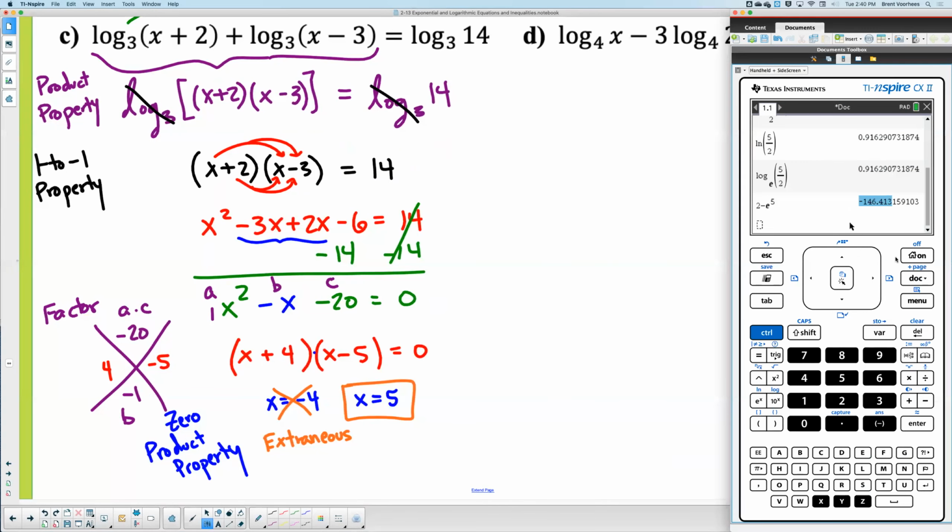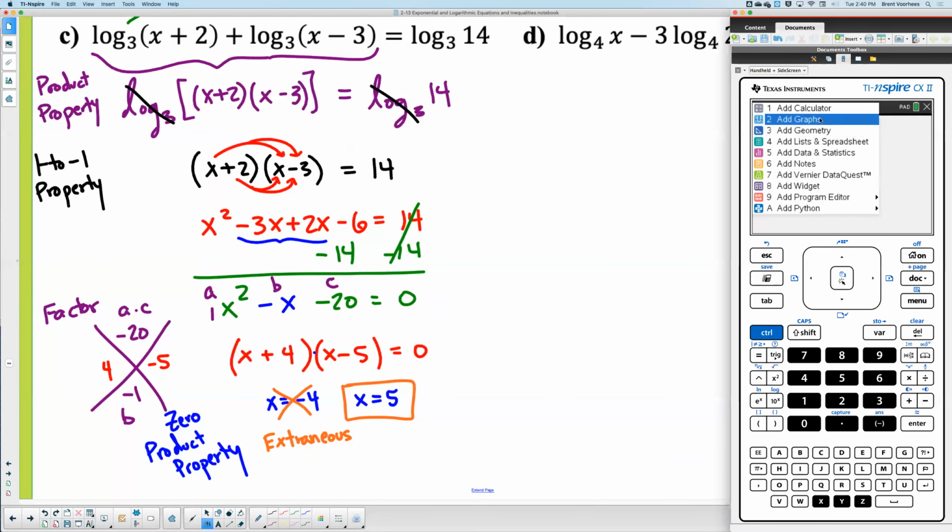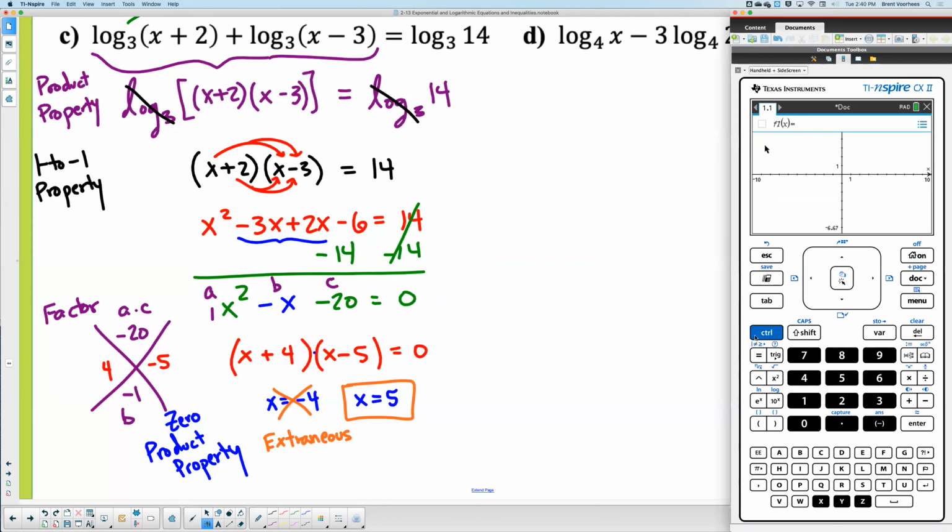What I'm going to do is open a new document, and I'm going to show you these two graphs side by side. I'm going to graph log base 3 of x plus 2, and this is adding log base 3 of x minus 3.